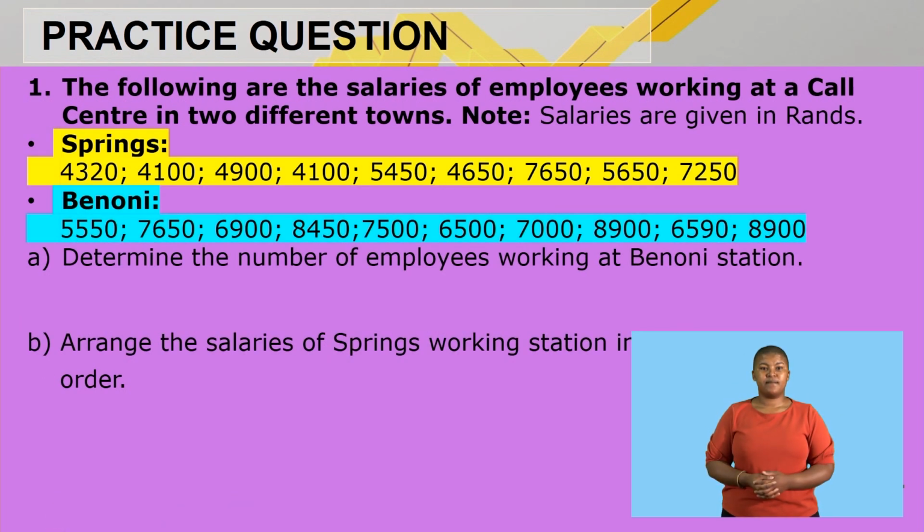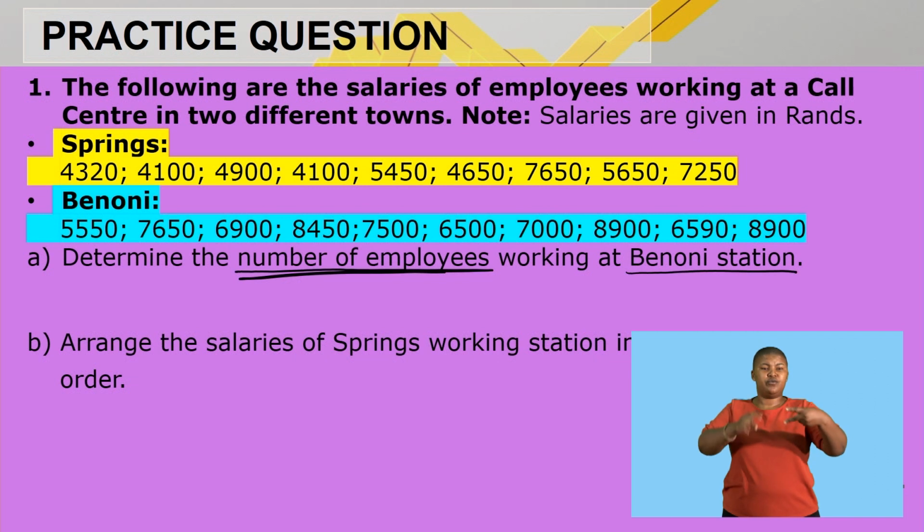And firstly, the question says, determine the number of employees working at the Benoni station. So now we are given 2 sets, Benoni and Springs. You must make sure that you go to the correct station by following the instructions.